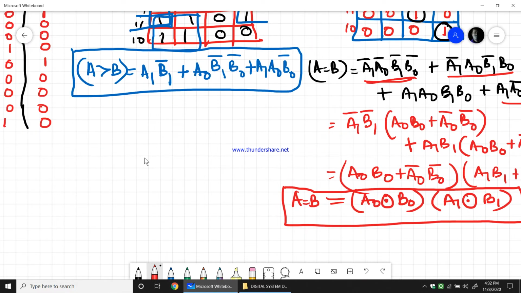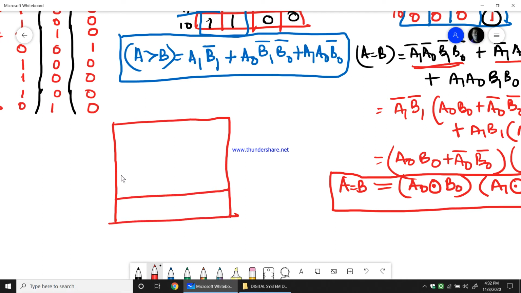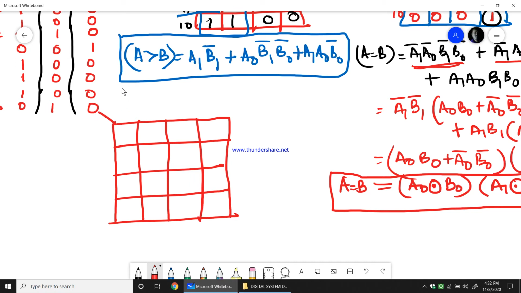Finally, I'll write the K-map for A less than B. So this is for A less than B. A1 A0, B1 B0, 0 0, 0 1, 1 1, 1 0, and 0 0, 0 1, 1 1, 1 0.